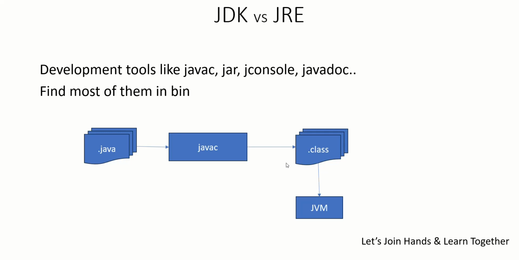If you know C or embedded C, when you compile it, it will generate an object file, which is then converted into machine code. This machine code is specific to a particular machine. In embedded C we use a cross compiler, which generates machine code based on the architecture of the target machine.